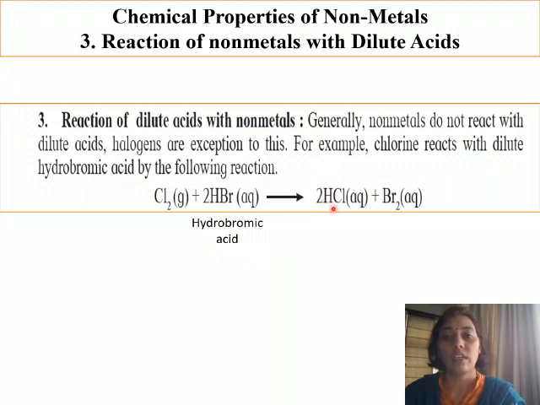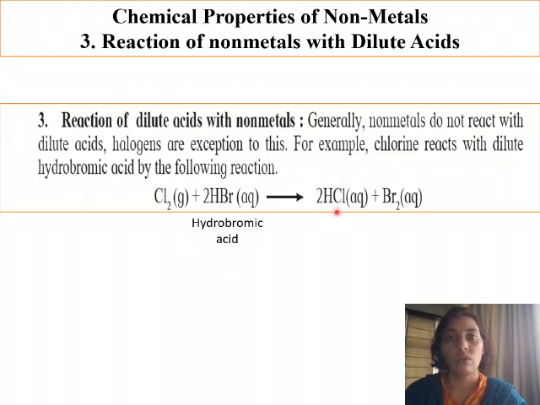And the products are HCl and bromine. Here we have 2 bromine, so we write a coefficient 2 here. That makes hydrogen 2. But in turn, chlorine also gets balanced because here we have 2 chlorine, so here also 2 chlorine. That is how we balance the equation.